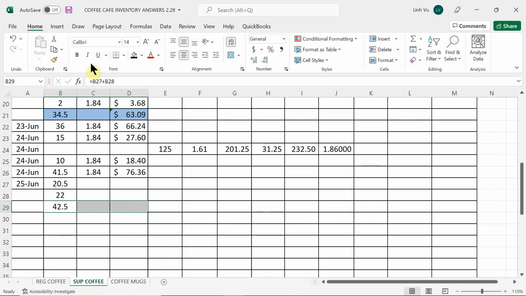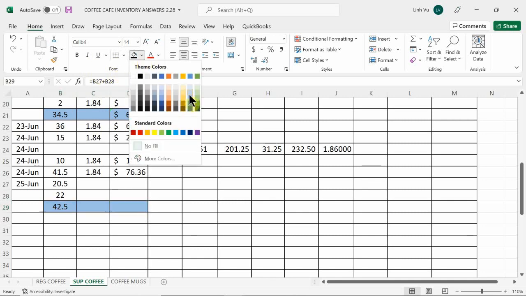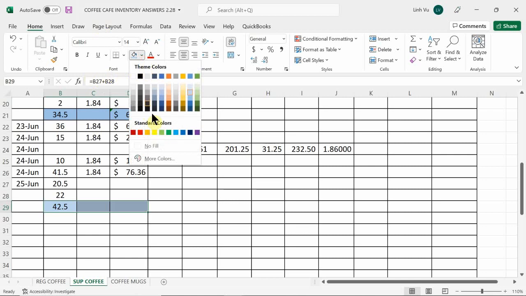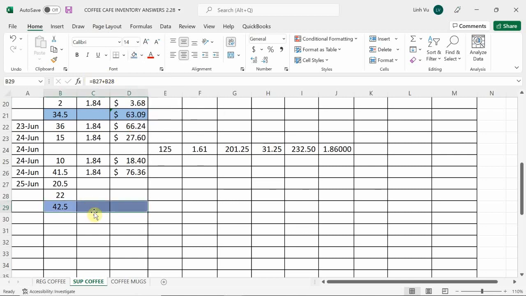Here is my calculation, since I'm going to be combining 2 batches of inventory. I need to create this line here to know that I'm combining more than one batch of inventory.